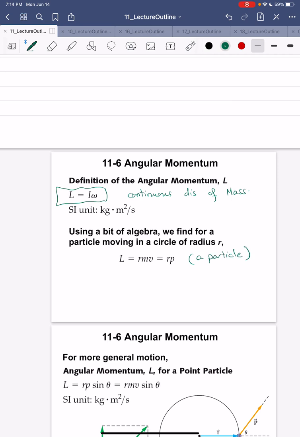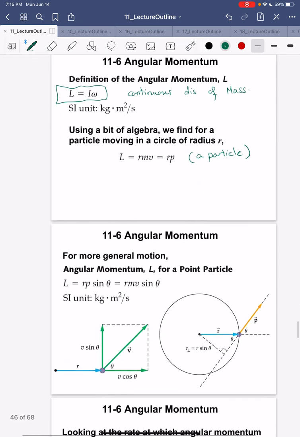When it is a continuous distribution of mass, we use L equals I omega. When it is a particle moving in a circle that has a radius of r, it is r m v, or r times the momentum. The unit is kilogram meters squared per second.